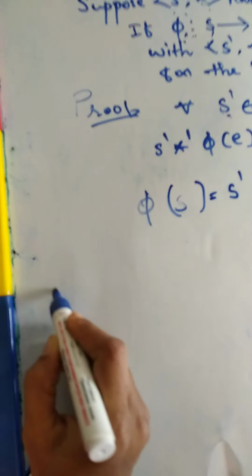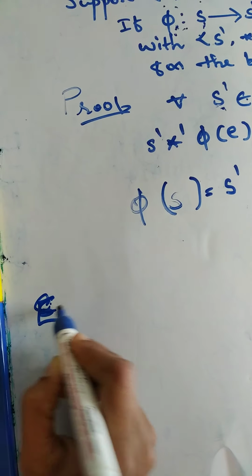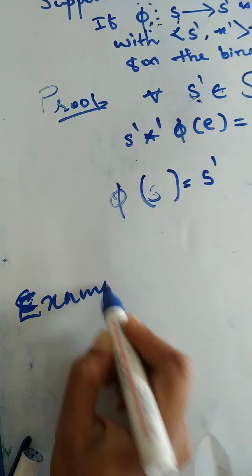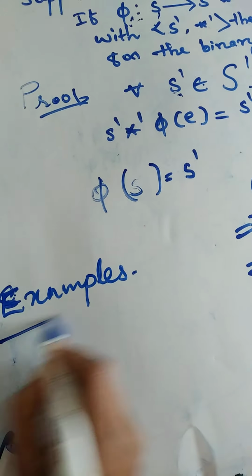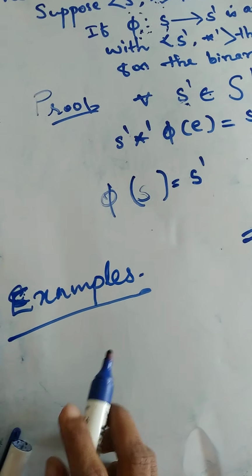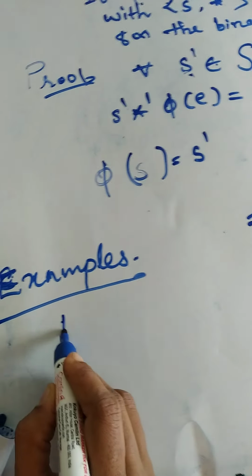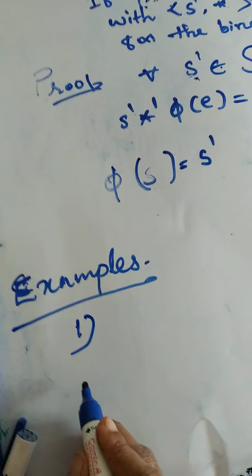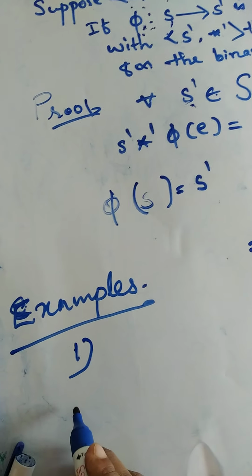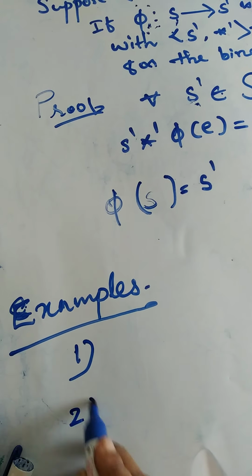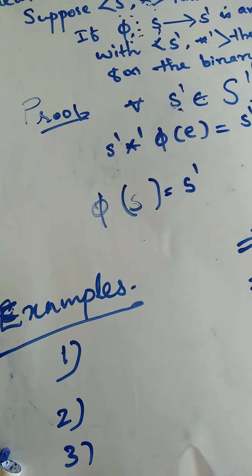Now we are moving to some examples. I will give some algebraic structures. You need to check whether they are isomorphic or not.